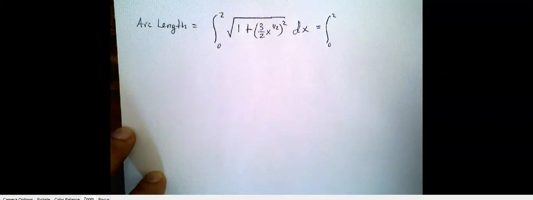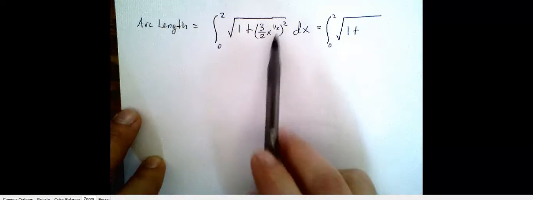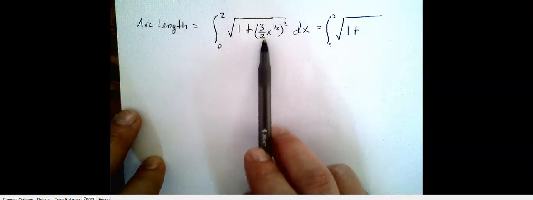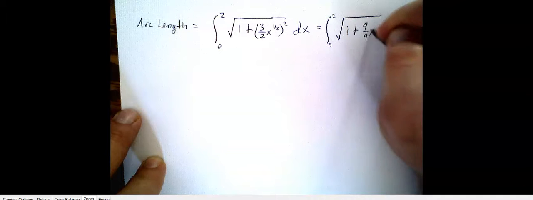Now all that's left to do is to simplify this thing. So let's see what we can do. We can square this out. Let's see what we'll get. Square root of 1 plus 3/2 x to the 1/2 squared is 9/4 x to the first. So 9/4 x.